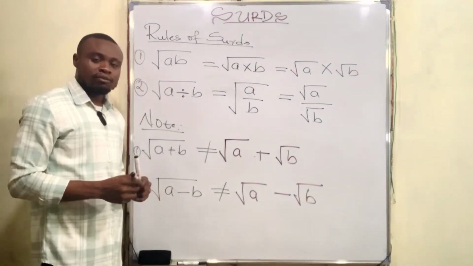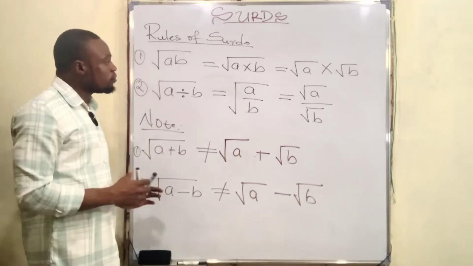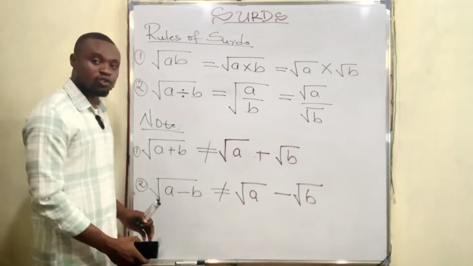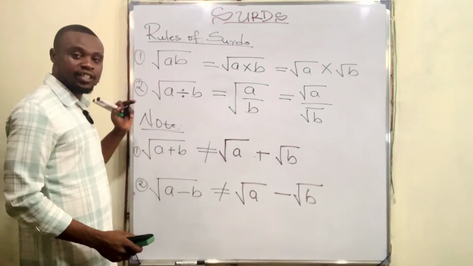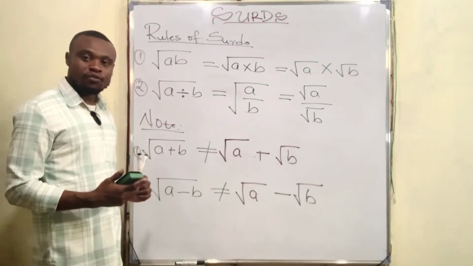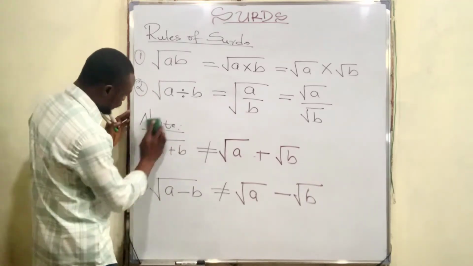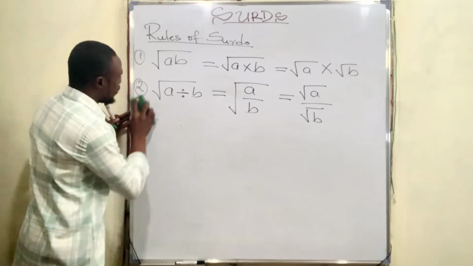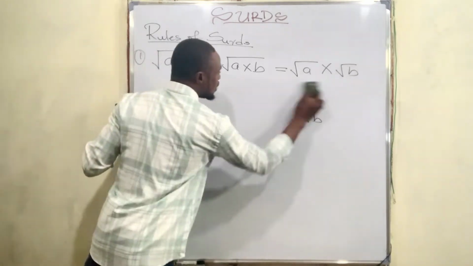So now let me write an example for you to understand the rule. I am going to focus on the first rule in this video, and in my next video I will do a lot of examples on the second rule. So I'll clean the second rule and leave the first rule.